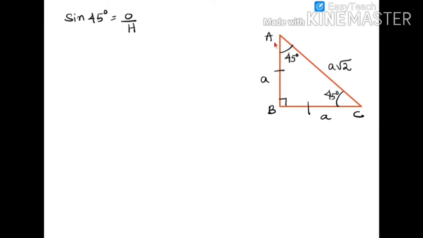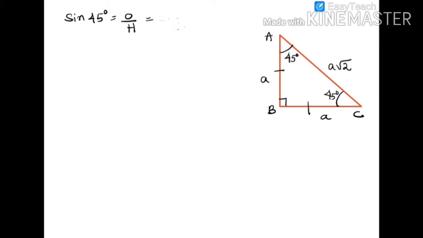If I take angle A, then BC is the opposite side. But both AB and BC have equal lengths. So we are going to get same ratios for angle A and angle C. So let's just stick to one angle, that is say angle C.